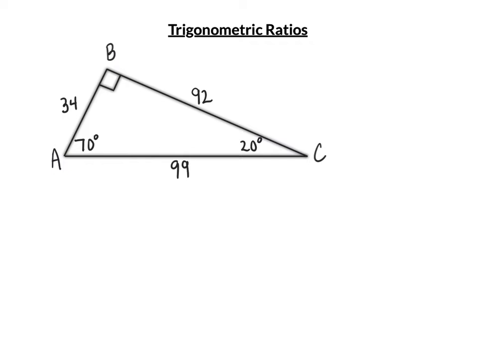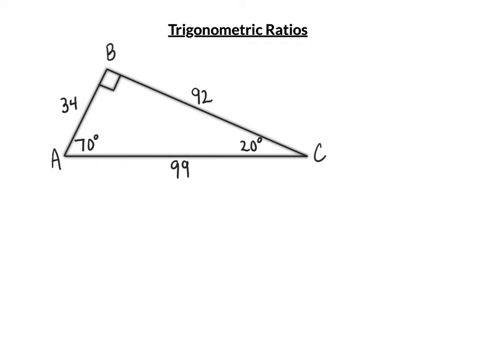When I make a fraction and I go opposite over hypotenuse, if the triangle is a 20, 70, and a 90, it'll always make the same fraction because it has the same angles. It will be similar. Right angle trigonometry really works because every other triangle that I make with those same angles is similar. And that's what allows me to use it to find other lengths.